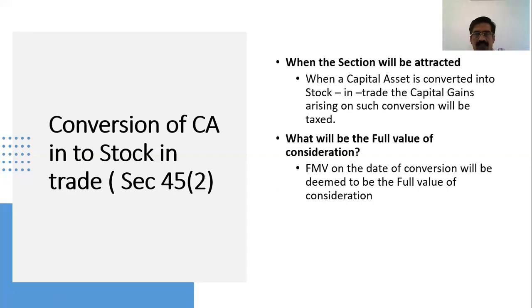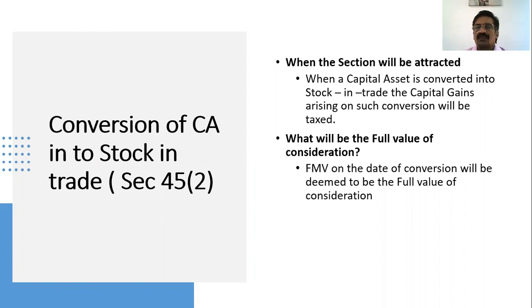So when your business started, what will be the full value of consideration? Again, the reason, as I said, is that at the time when you start a business and take the capital asset and then subsequently sell, the sale will be taxed only as a business profit.